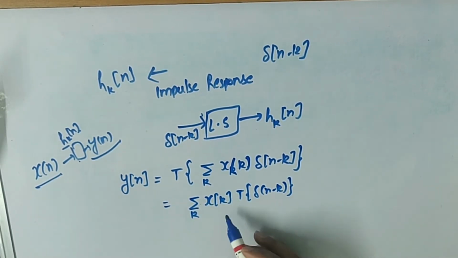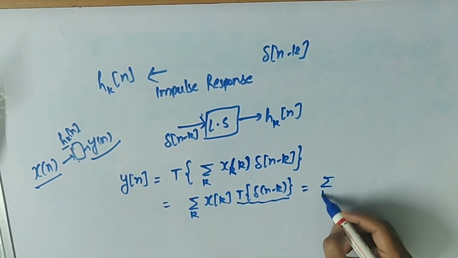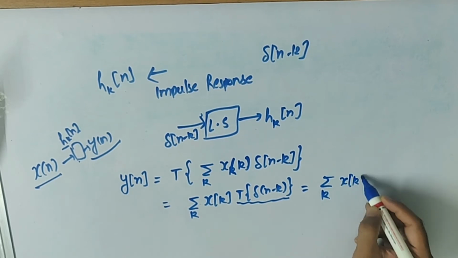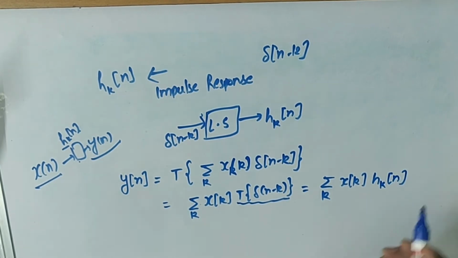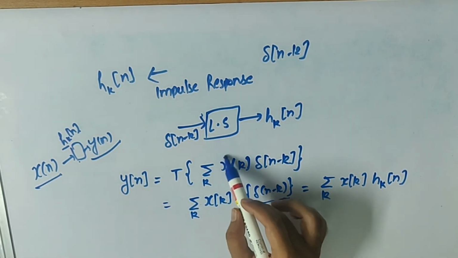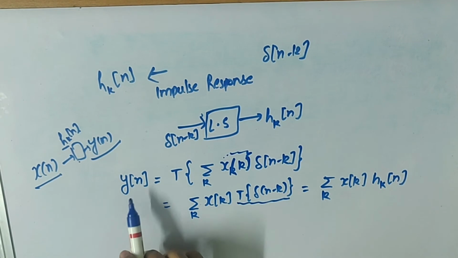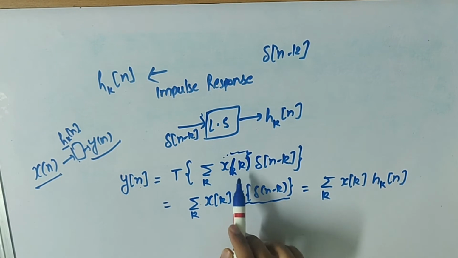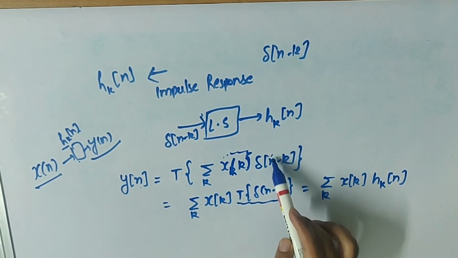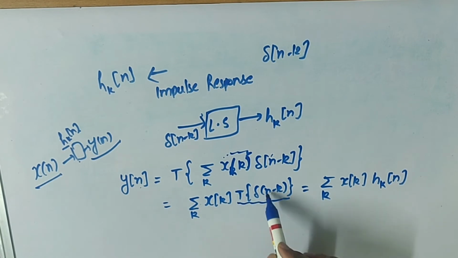And we know this will be equal to h_k[n]. So this will be the summation over k of x[k] h_k[n]. In the superposition principle, T of a x[n] is a into T of x[n], where a was some arbitrary constant. Here x[k] is such a constant, because our running variable is n, while x[k] depends only on k, not on n. The running variable appears in delta[n minus k], which is why the function T is taken over delta[n minus k].